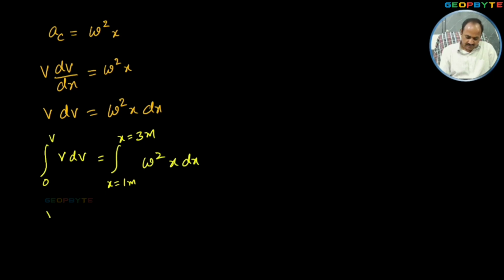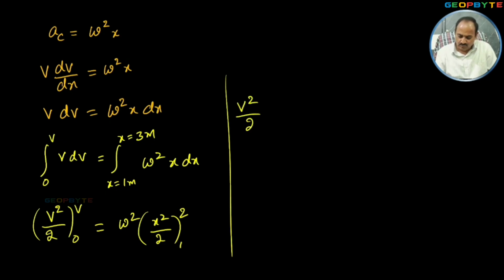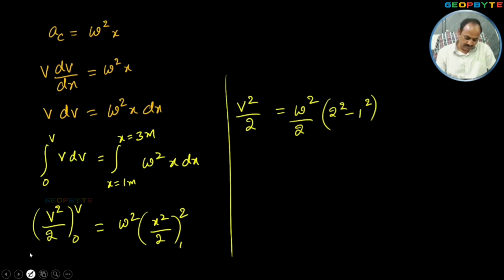Now you simplify it. It is v square by 2, right? Apply the limits from 0 to v, equal to omega square, a constant, times x square by 2. Apply the limits from 1 to, not 2, one minute, it is 3.